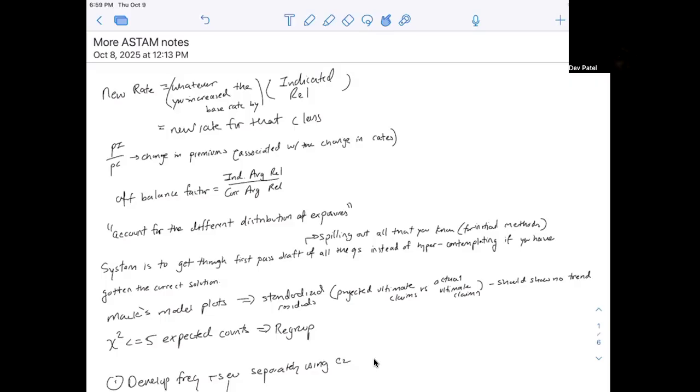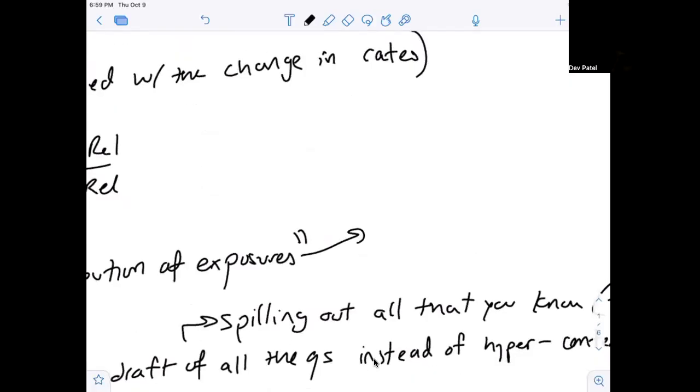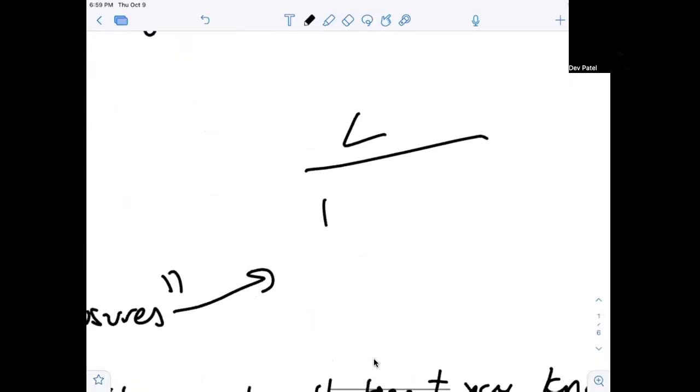And we have our off balance factor, which is indicated average relativity over current average relativity. You want to account for the different distribution of exposures, because if you have two different rating variables, we have an average relativity that we have to adjust when we do losses over exposures.